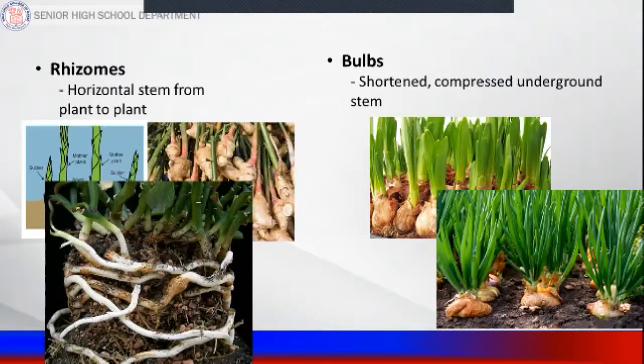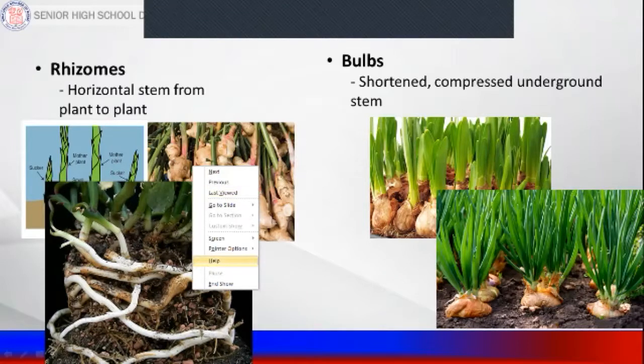We also have rhizomes. For rhizomes, if you are able to see the ginger, that particular plant part can produce another horizontal stem. Let me get my pointer or pen.